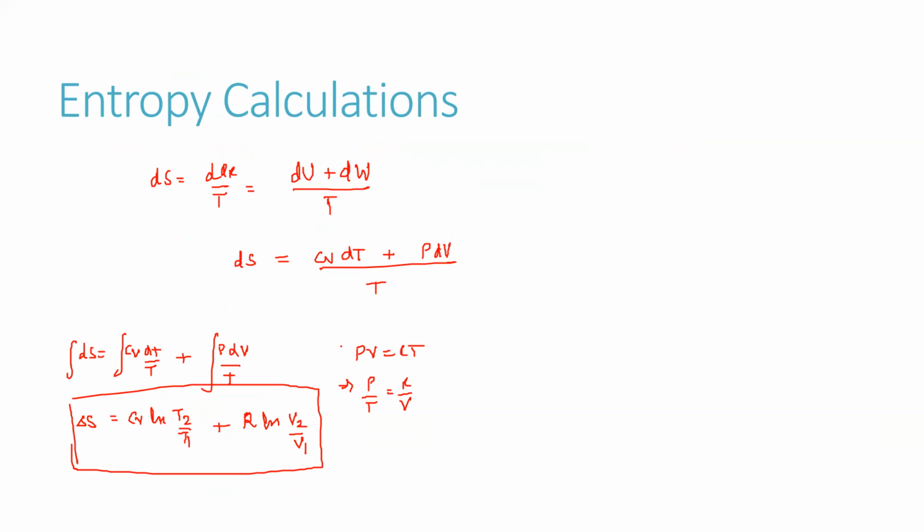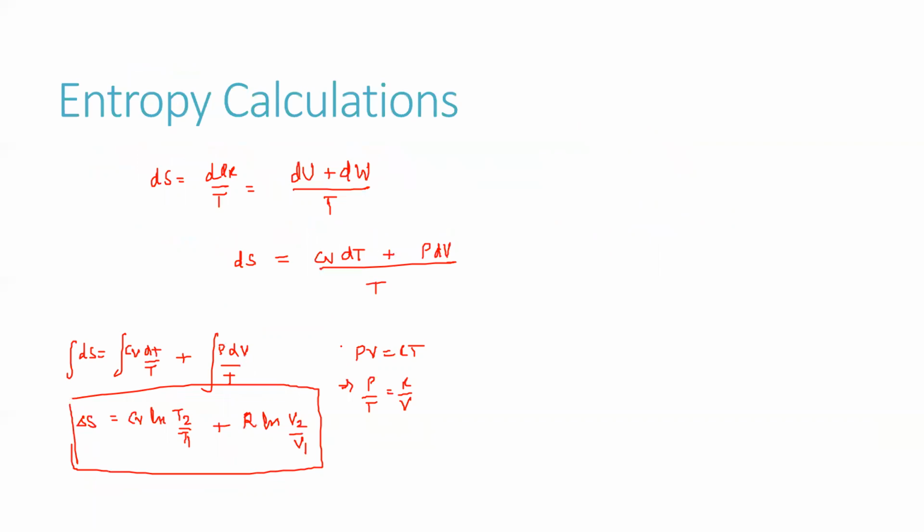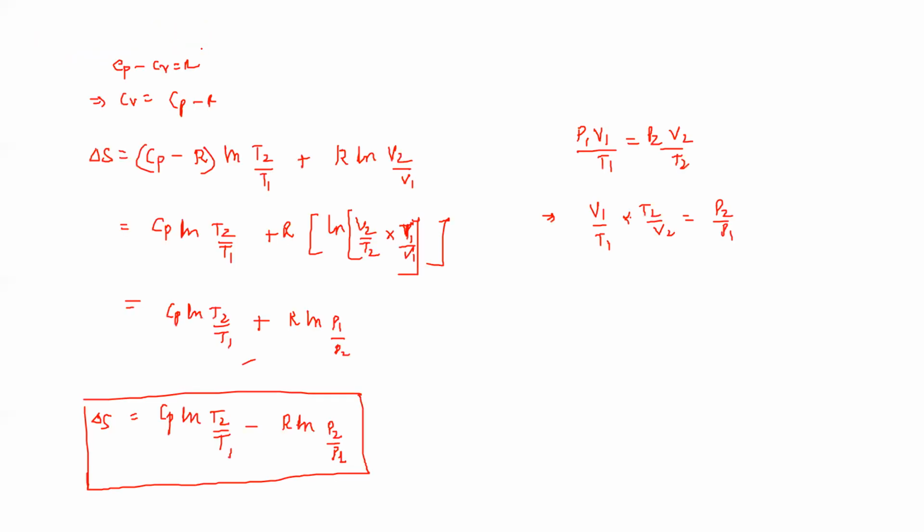All right. So now let's generalize. This was our generalized calculation for entropy. Let's go to more specific conditions. So for example, let's go for an isothermal process. For an isothermal process, we have T is equal to constant, so T1 would be equal to T2.